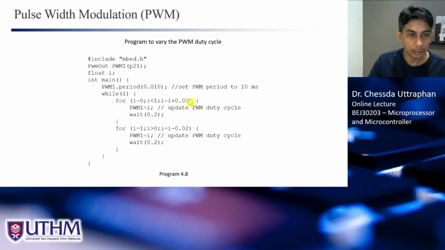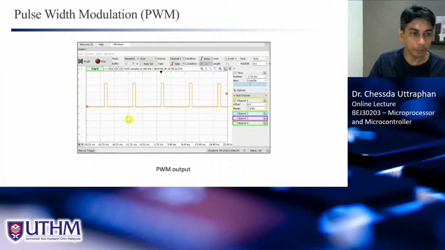We increase by 0.1 every 0.2 second, and after that we go again from maximum to the minimum. This is from minimum to the maximum. So the output will be something like this. This is from the oscilloscope. From the minimum, we go to maximum, and from the maximum, we go to minimum.